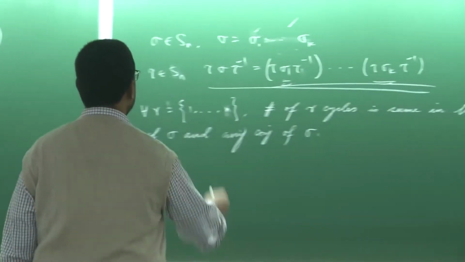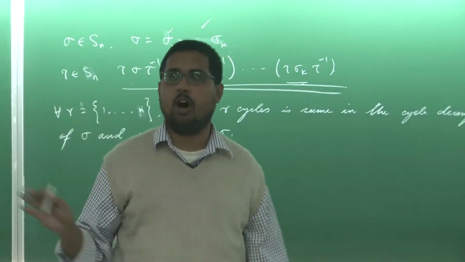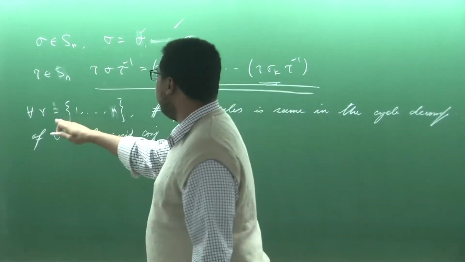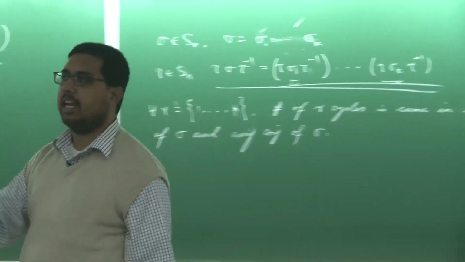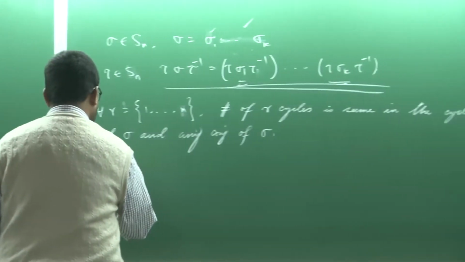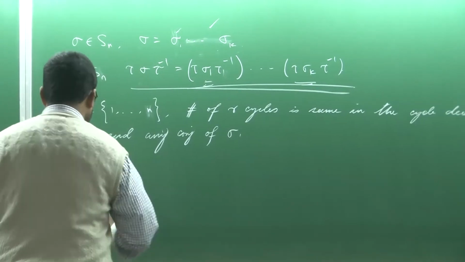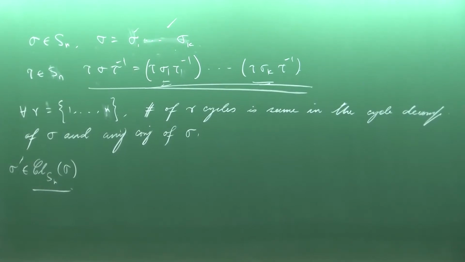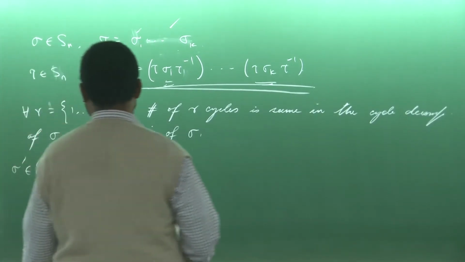So, what we have proved is that given any sigma, all the elements lying in its conjugacy class are of the same cycle type as sigma. I repeat, any sigma prime belonging to its conjugacy class should be of the same cycle type as sigma.